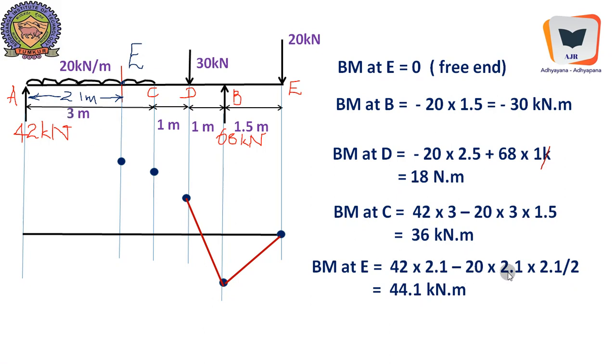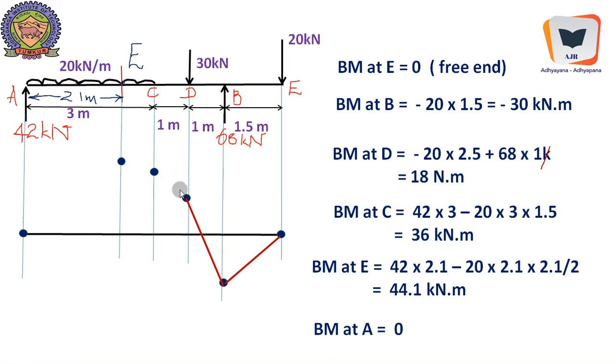It is 20 into 2.1 into 2.1 by 2. It will be at the center once again, at the half of 2.1, therefore this is also multiplied as a moment arm. We got 44.1, just higher than 36 kilonewton meter. Therefore the point goes over here, and bending moment at A equal to 0 because it is a simple support.